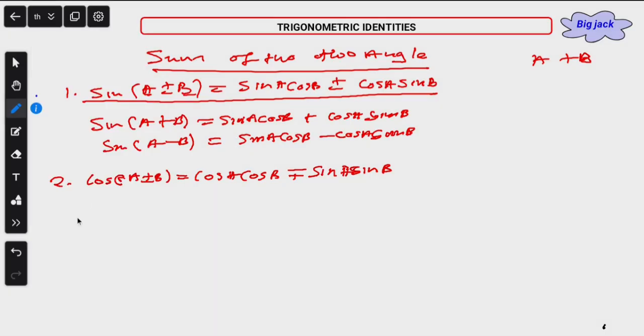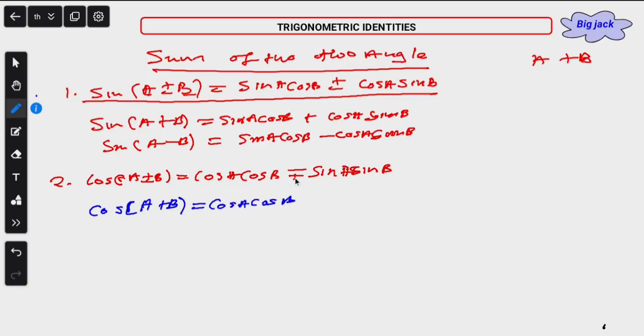Now, like I said, each identity has two identities. For sine, it is positive throughout, or negative throughout. But for cos, if we use plus, what are we going to have? Cos of a plus b is equal to cos a cos b, but now instead of plus, we are going to say minus, minus sine a sine b. And then we have cos of a minus b, which is equal to cos a cos b.